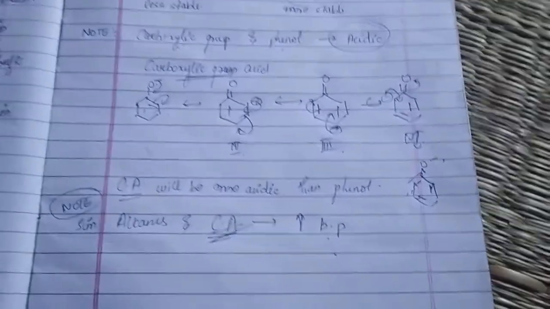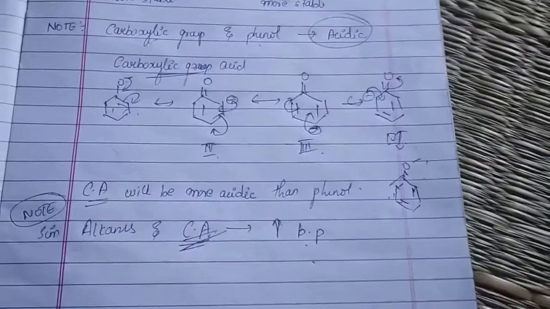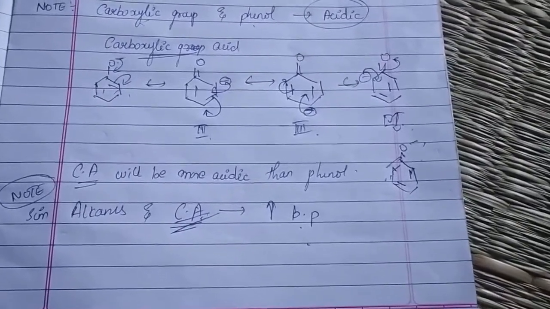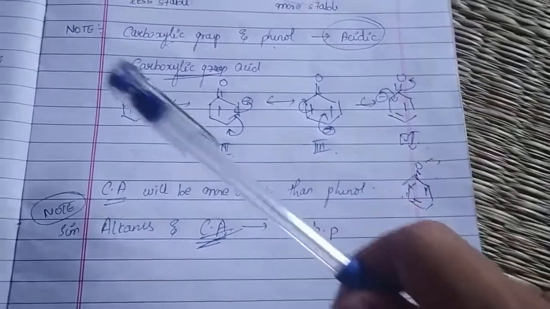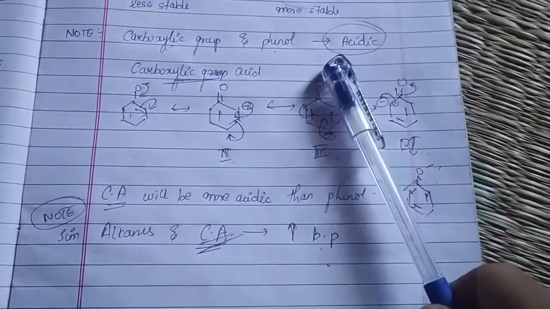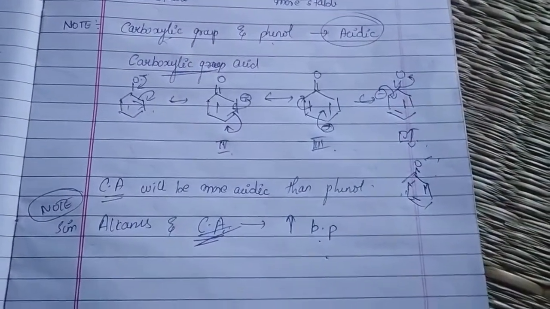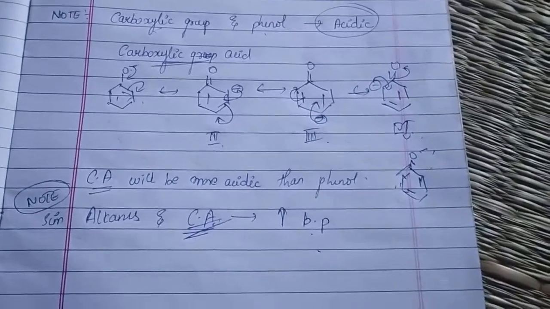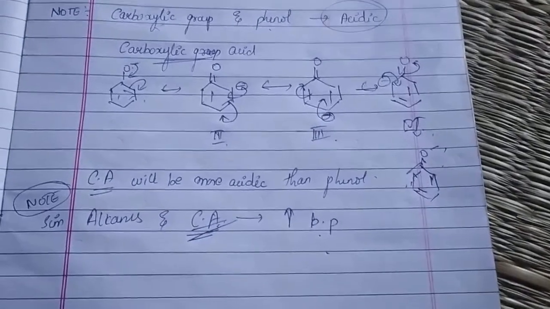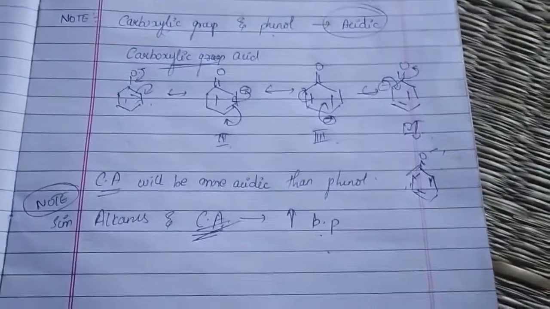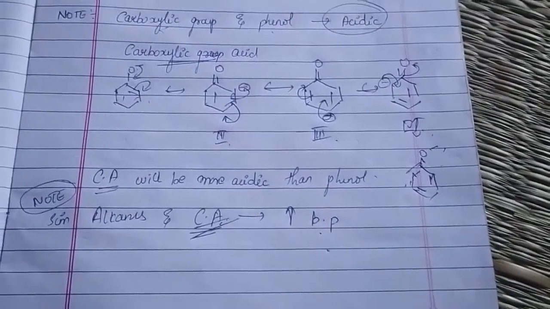So we came to know why the carboxylic group is an acidic group. First important aspect. When we compared the carboxylic group and a phenolic group, we came to know that your carboxylic acid group is more acidic. The reason is because the carboxylate anion resonance structures contribute wholly to the resonance hybrid, whereas phenoxide doesn't. Is that clear?